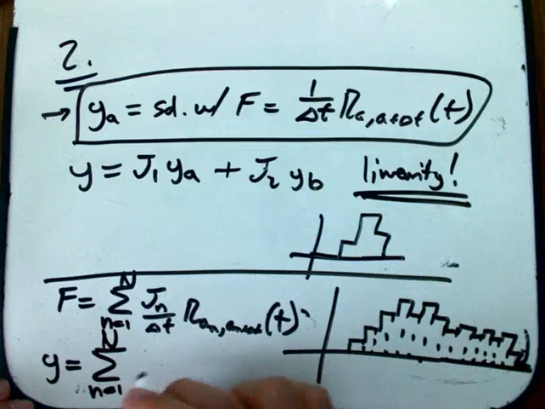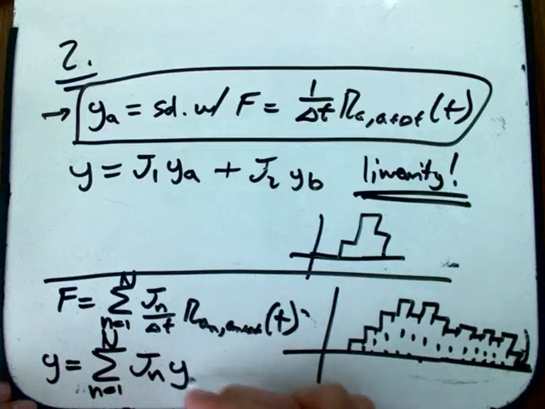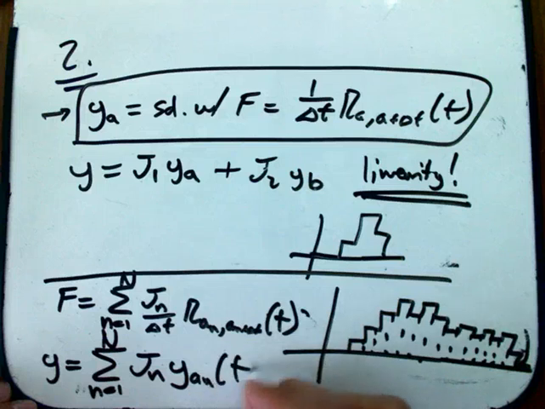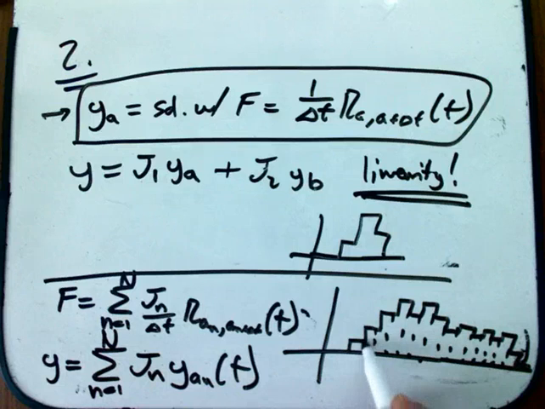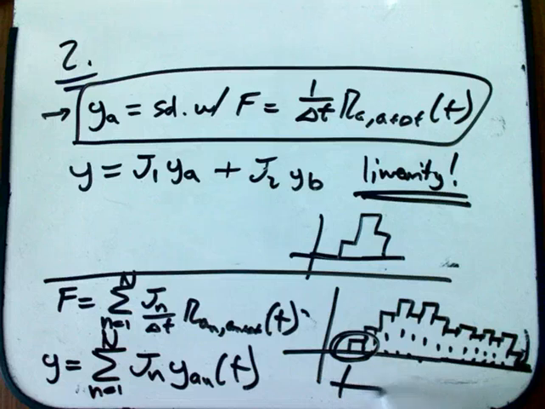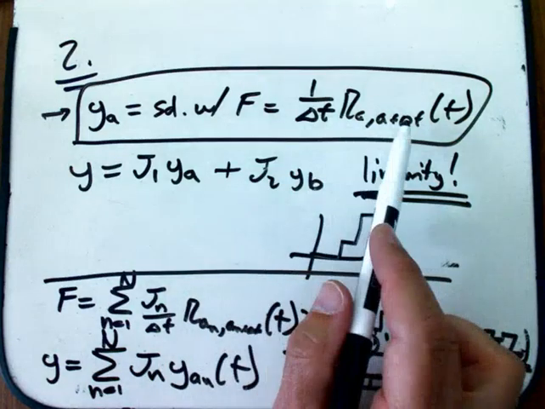It's just going to be that same factor, jn, times y starting at a sub n, of t. This is just solving the little problem of the rectangular pulse, which in itself is the sum, or the difference, of this and a delayed rectangular pulse. But let's keep y as the solution of the rectangular pulse here.